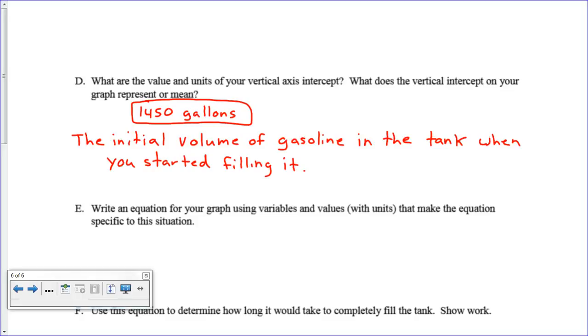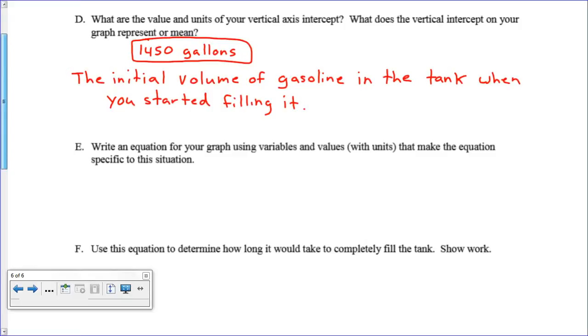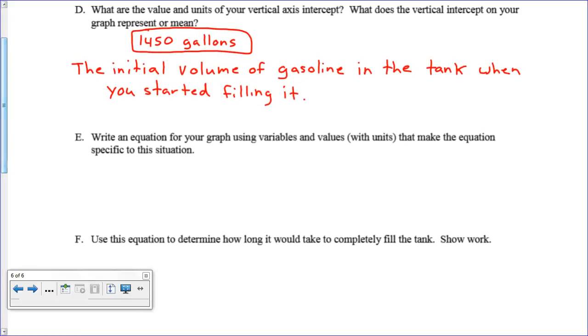Okay, so writing an equation here then, we'll use these two pieces of information that we've got. I'll say V for volume equals the slope, because remember we're filling in here y equals mx plus b, right? So the y variable was volume. The slope was 194 gallons per minute times our x variable, which is time, plus our intercept there, which I said was 1450.